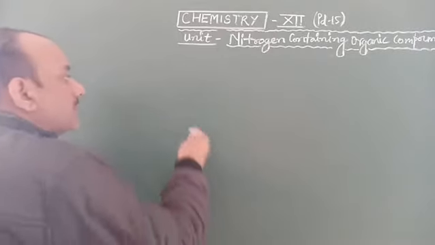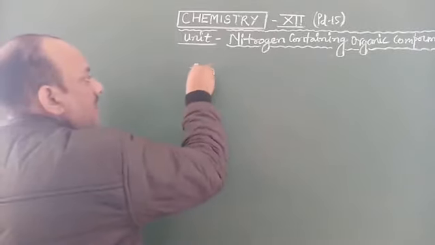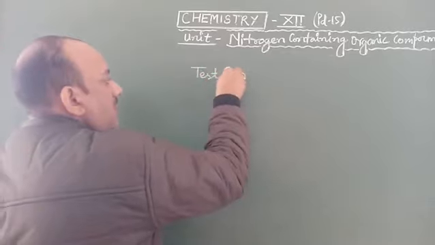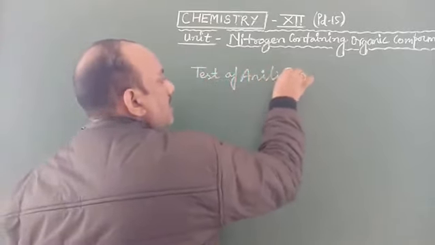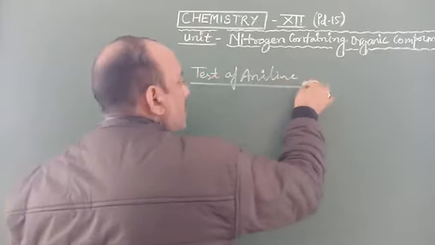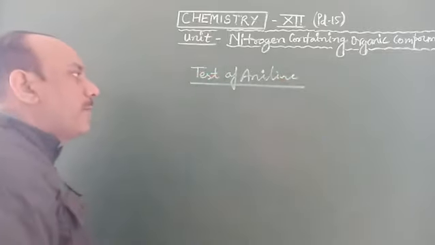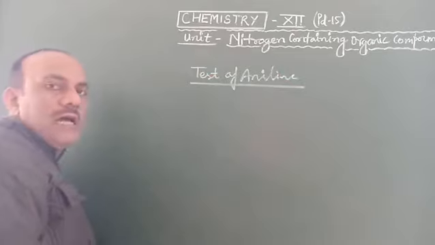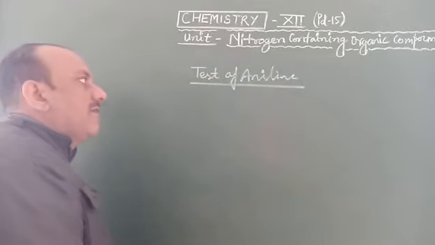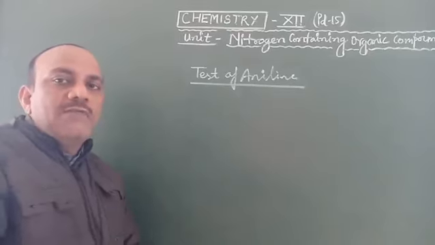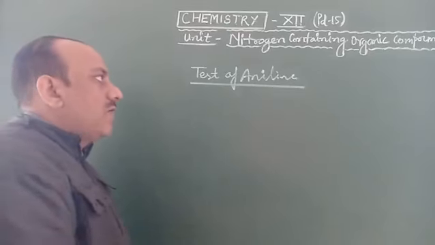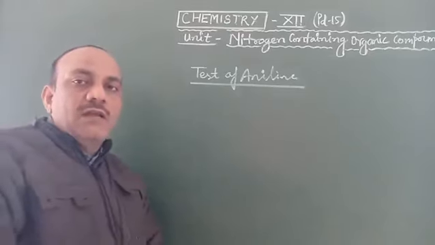So we discuss the test of aniline. It is a chemical test. Also various tests are available for the identification of aniline, but here we take a chemical reaction for the testing of aniline.